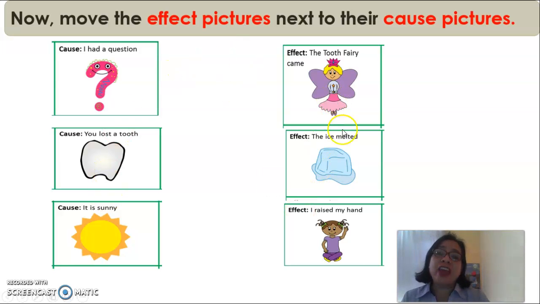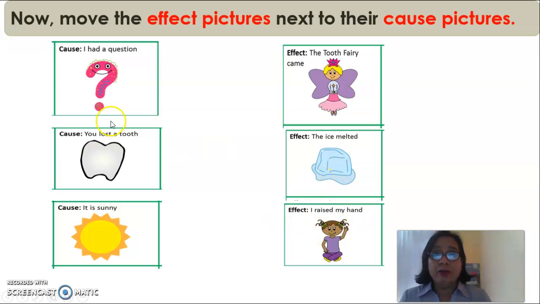Now we have 3 effects. Every effect will have a matching picture of the causes. Effect. The tooth fairy came. Effect. The ice melted. Effect. I raised my hand. So you will have to think about the causes and choose the best effect.